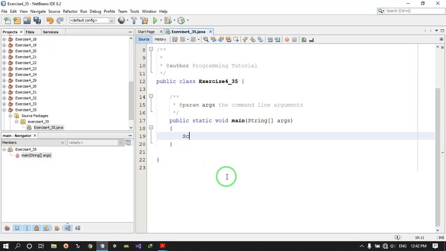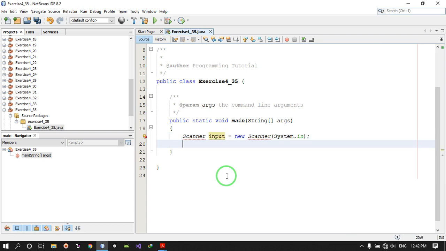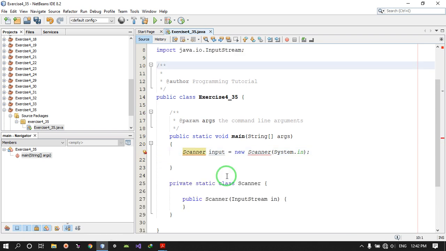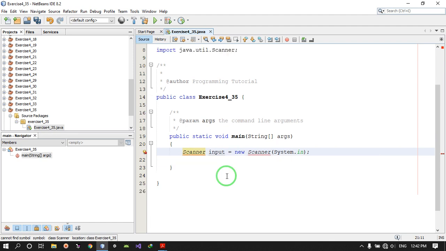First of all, we need a scanner class. Now let's declare our variables.